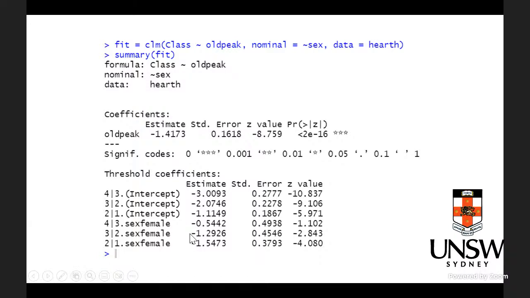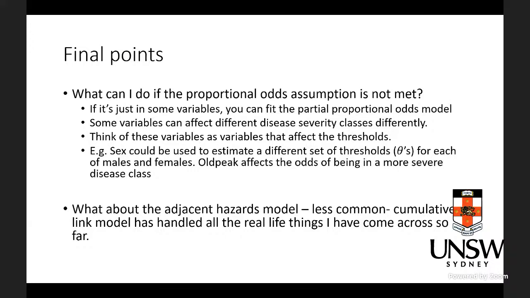And you probably don't really look at them. You just sort of say, I've adjusted for sex, and this is the effect of old peak. For this model, I think the proportional odds assumption held, so you don't really get different results from doing it that way. But for some models, you might need to do this.